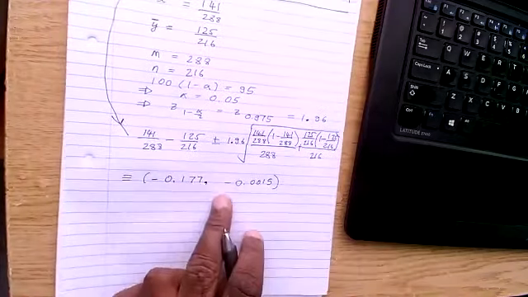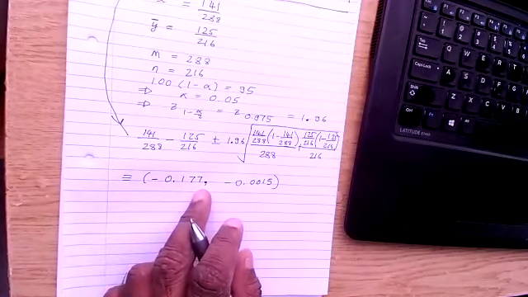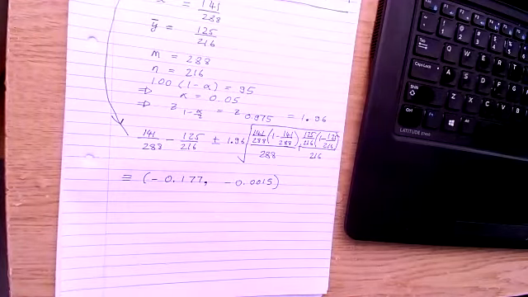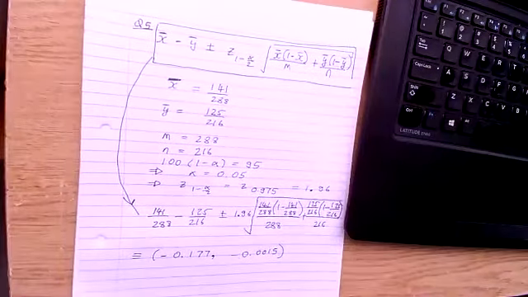So basically, the interval is on the negative real line, which means that the proportion for California is always smaller than the proportion for Colorado. In other words, the proportion of voters in California is smaller than the proportion of voters in Colorado for the presidential election, right? Is this clear to you guys?